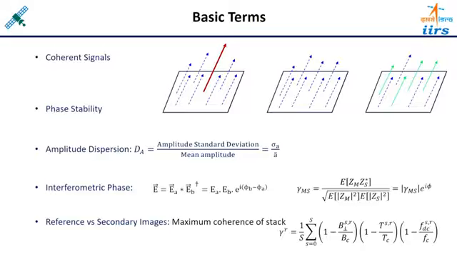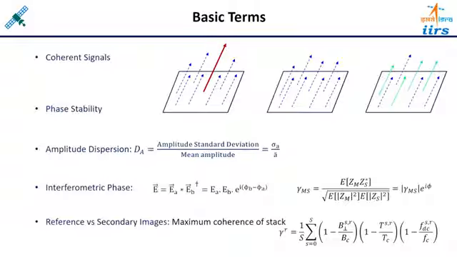Okay, so the point is, if this orbital gap between the satellite positions is more, the coherence between the signals gets reduced. If both signals are taken from the same satellite position, the spatial or perpendicular baseline is 0 and the signals are highly correlated.